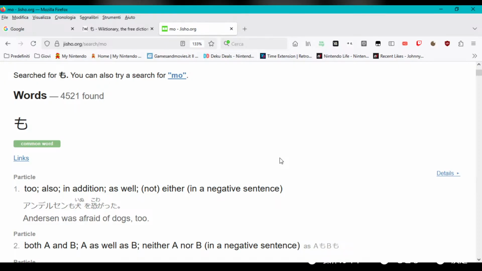If we add it after a noun, we get also that noun.